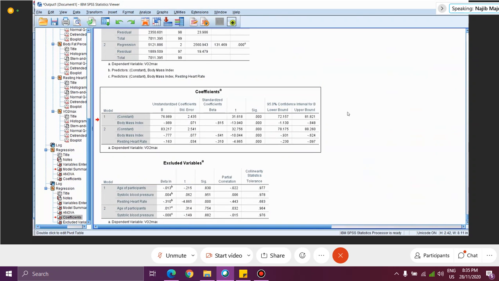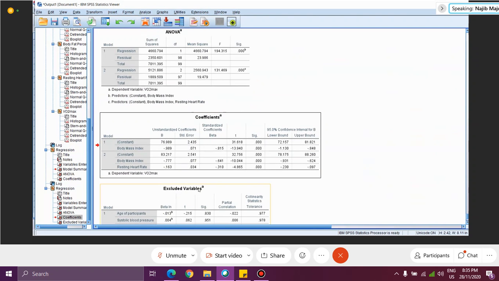Okay, we look at the coefficient table. In the stepwise method, we start with 1 variable. Initially we intended to include 4 variables in our model, but stepwise regression begins with the first variable, right?